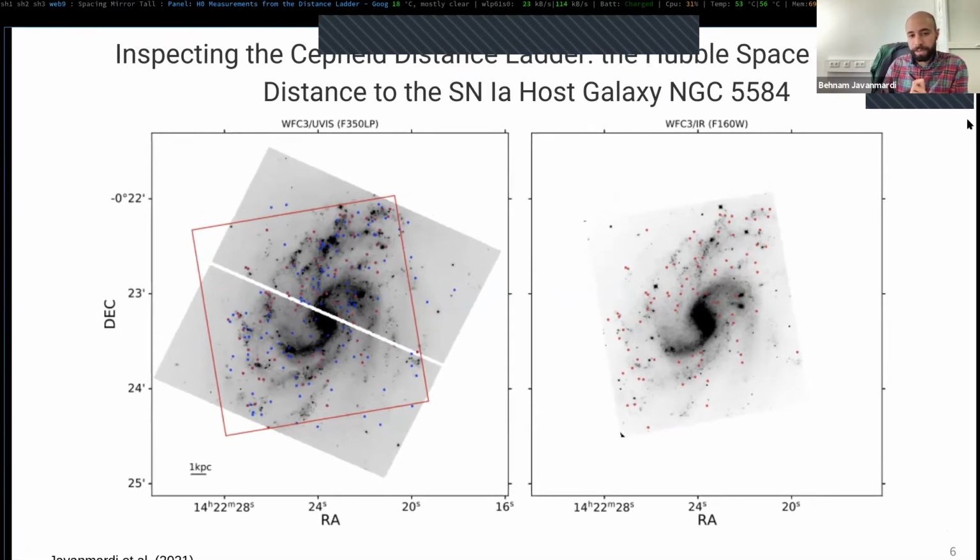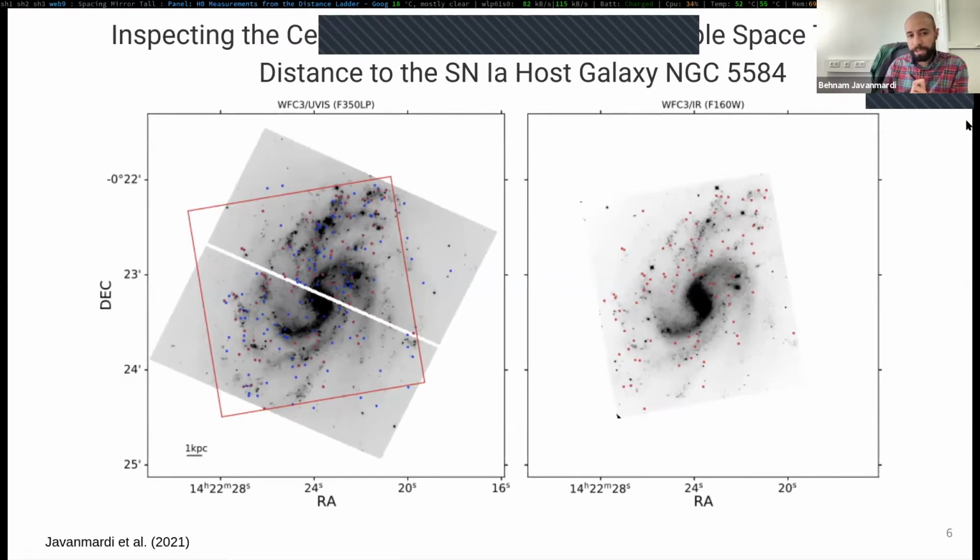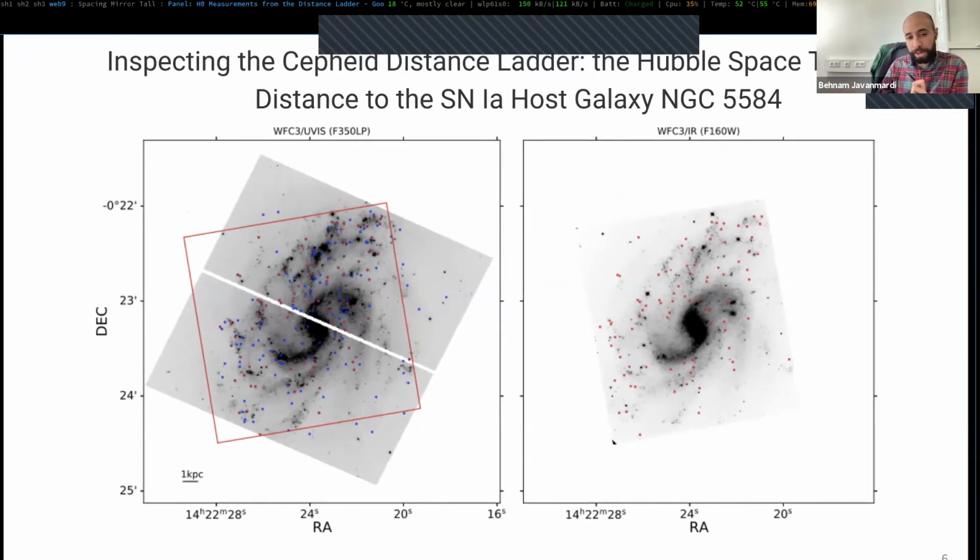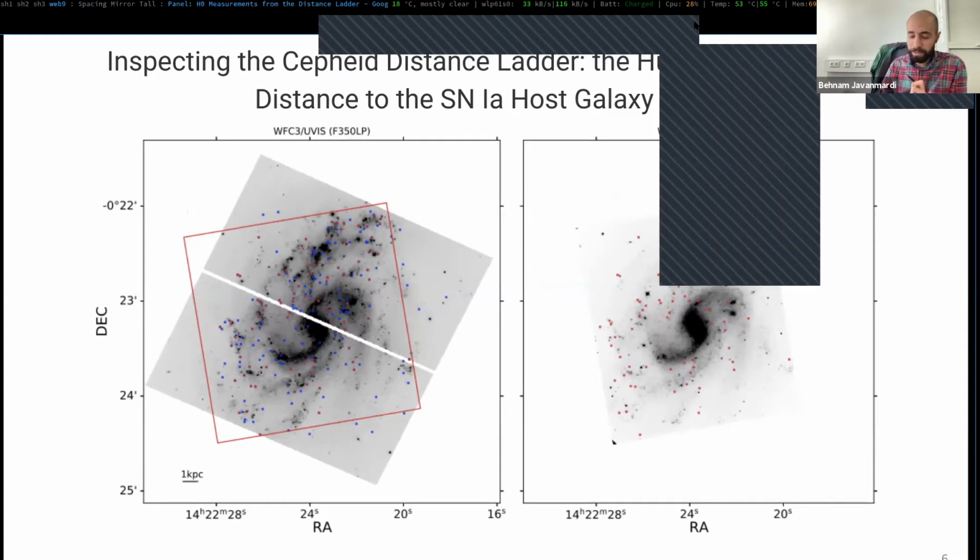The Cepheids in this galaxy have been used by SHOES in obtaining the periods and mean magnitudes in V and I bands of 9 other supernova host galaxies. So that was the reason we picked this galaxy.